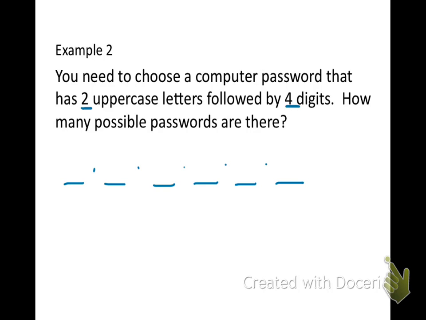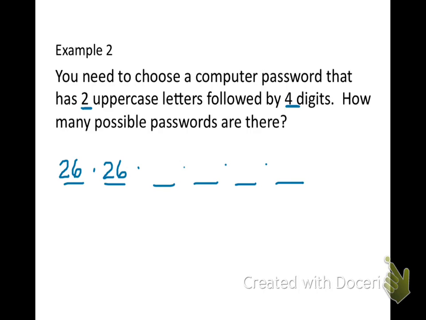So the choices for the letters are that there are 26 letters in the alphabet. So I would have 26 letters to choose from for my first choice. And then, for the second letter, it didn't have any exclusions or say anything about not being able to be repeated. I would have 26 letters for my second choice. And when we get to the digits, we know that there are 10 digits because they have to be a single digit and it counts 0.